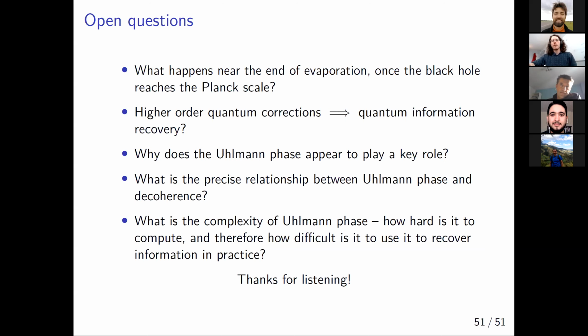I could say also, if you know the symplectic form, which according to this result you can get by just computing the Uhlmann phase for lots of little loops in the space of possible Hawking radiation states, then you know all of the Poisson brackets, and the Poisson brackets are really what tell you, if you do some experiment, how the system will react to that experiment, and how your measurement apparatus will read something out.